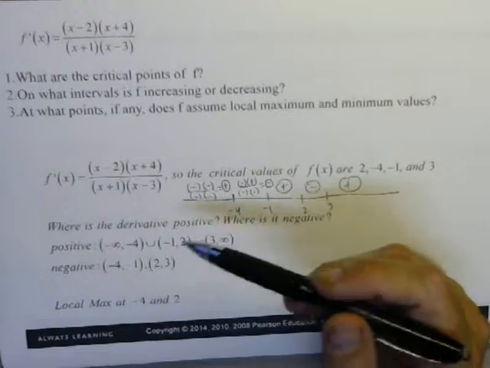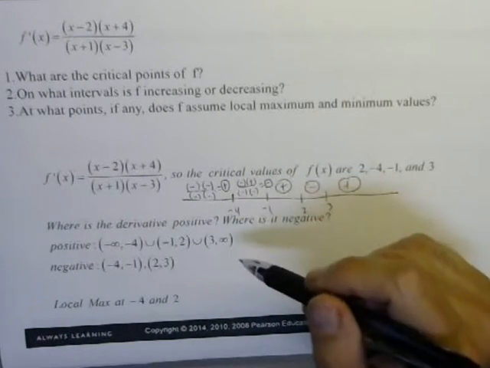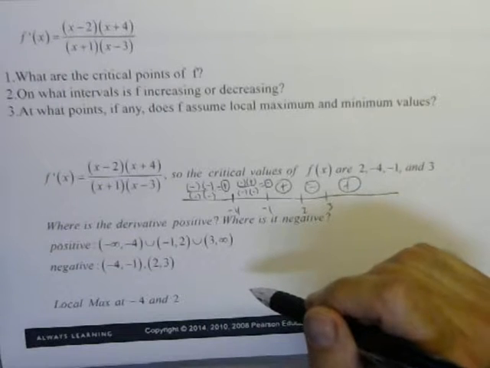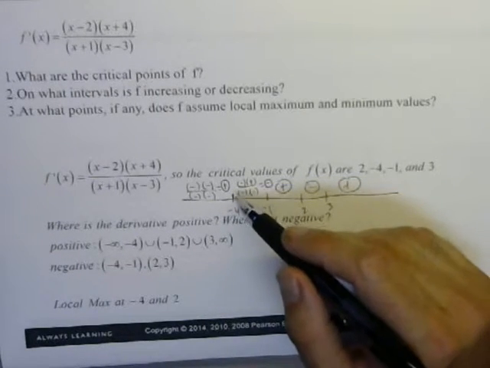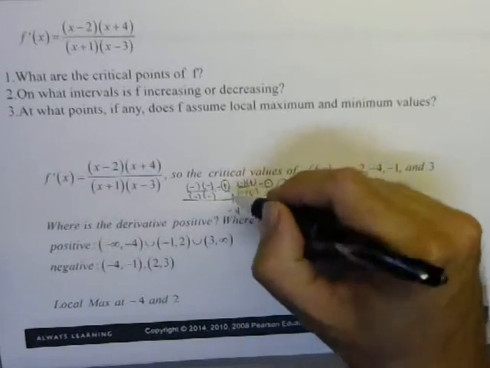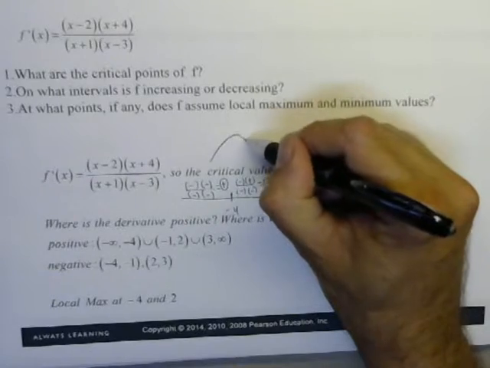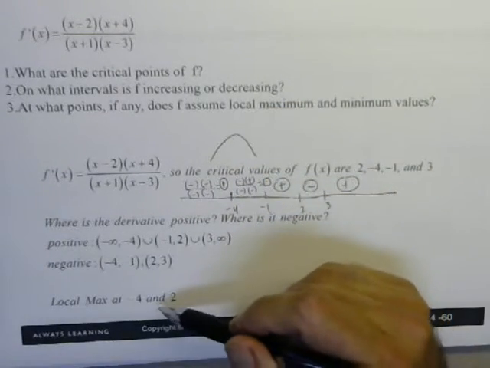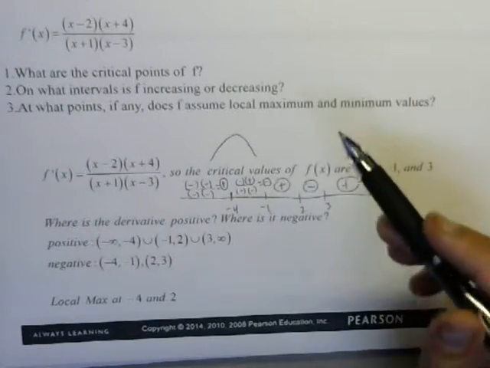So then we'll have a local maximum wherever it's positive to the left and negative on the right. So like this would be a maximum here. The function's going to go up like this. When it hits -4 on the x-axis, then it's going to go down. So that would be a local max at -4 and also at 2.